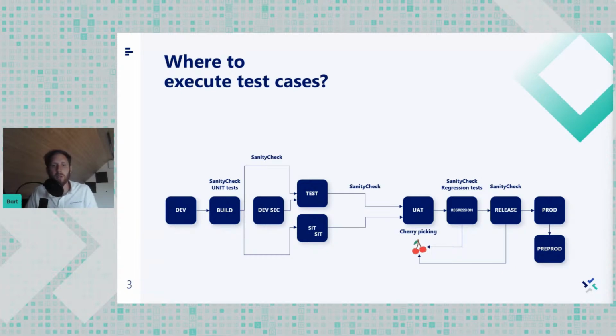Then there is something called the development security environment, which not everybody knows about. This is kind of a new concept, and it is very interesting. You can set up another environment dedicated to security role creation, where you build the roles, and then you can run tests on those roles as well.